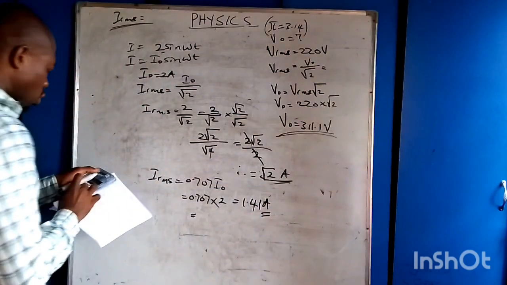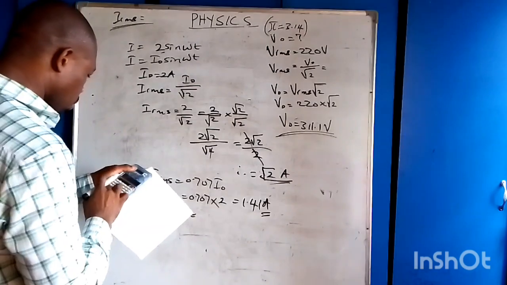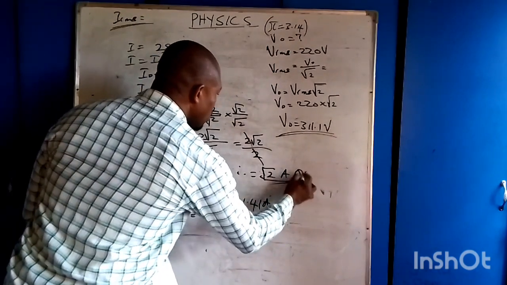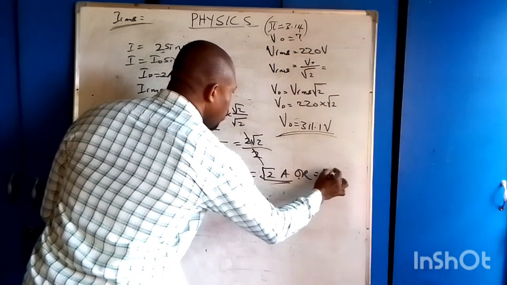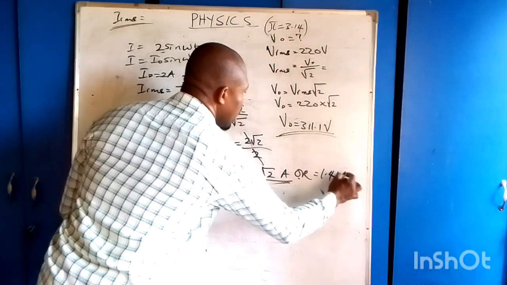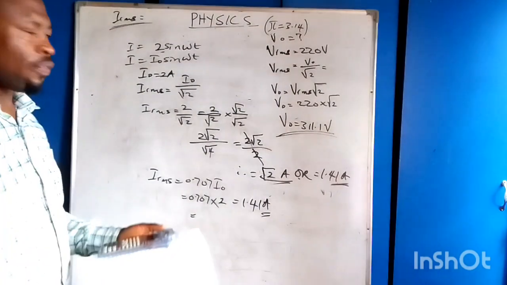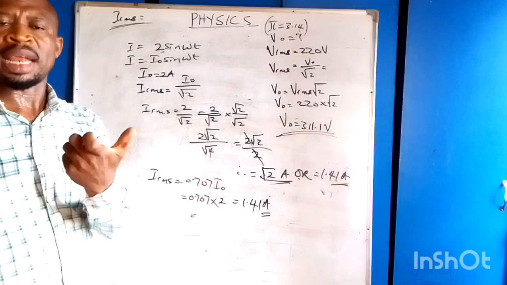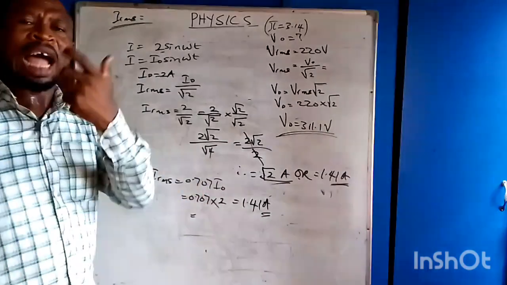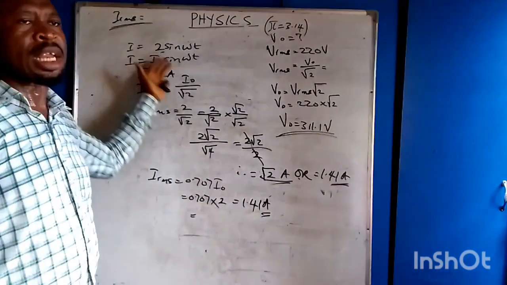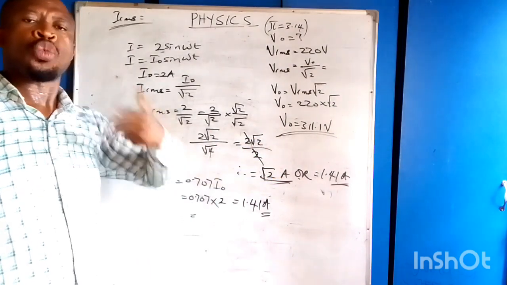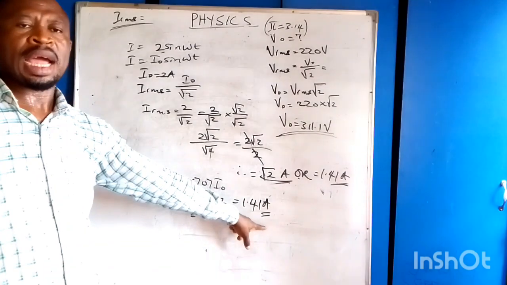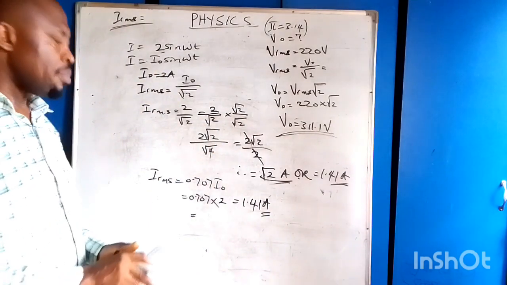And of course, square root of 2 is still the same thing. So either you say it like this or you say 1.41 ampere, whichever approach you want to take. Remember, in external exams, we don't award marks for taking a very long approach. We award marks for getting the correct answer using a valid means.